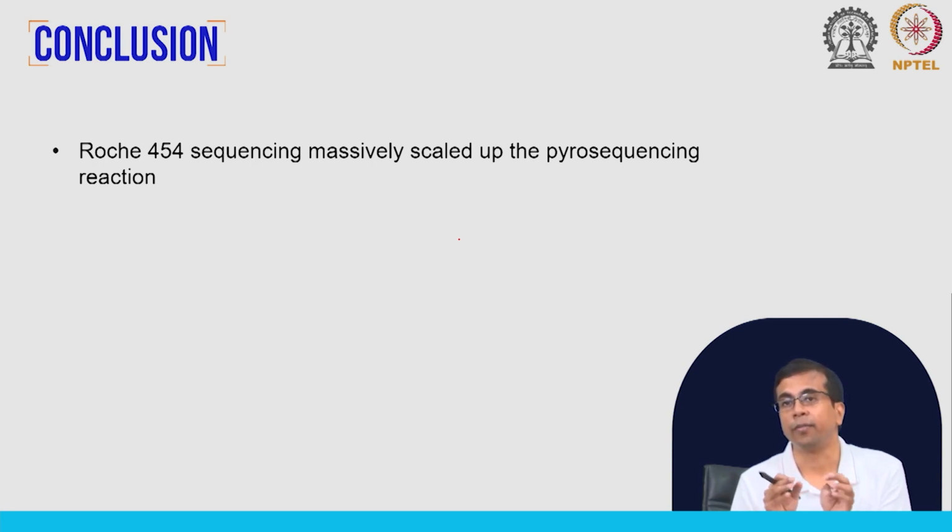There are multiple wells, 100,000 or more, and each well will hold one bead. Once the bead goes in, this leads to the sequencing reaction. Of course, in this process there will be some wells with no bead and some wells with 2 beads or more. Again, this can be optimized through a trial and error process.